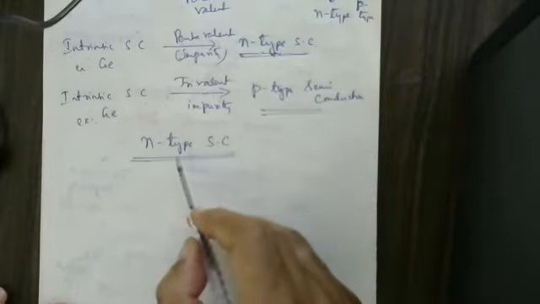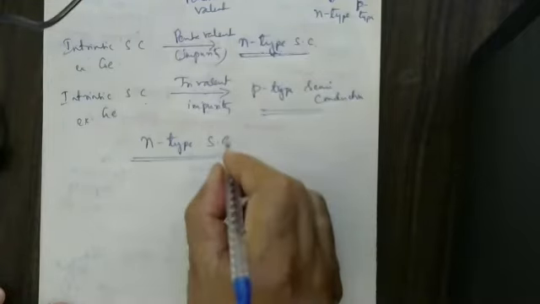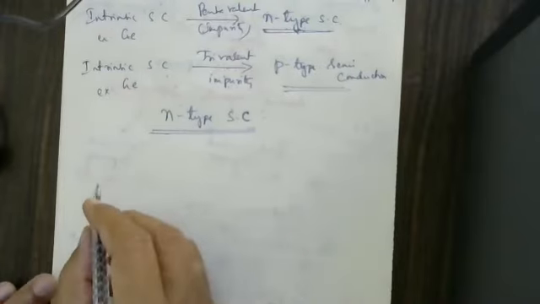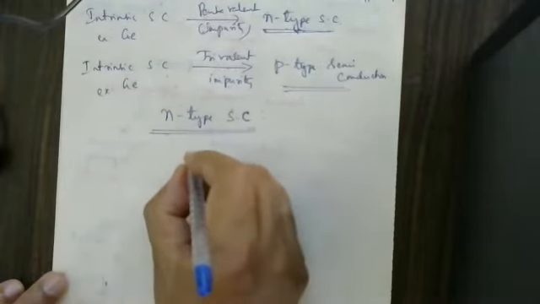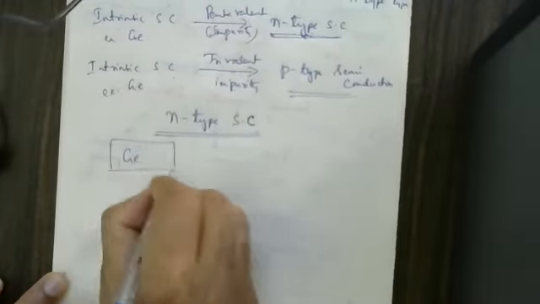First, in the case of N-type semiconductors, what is happening? Basically it is germanium. This is the germanium crystal. I will write it here, just see that.